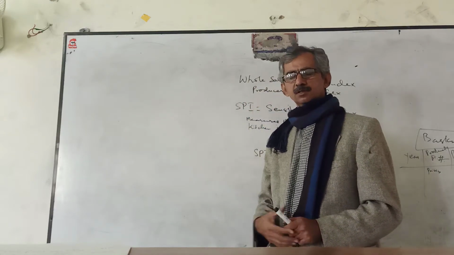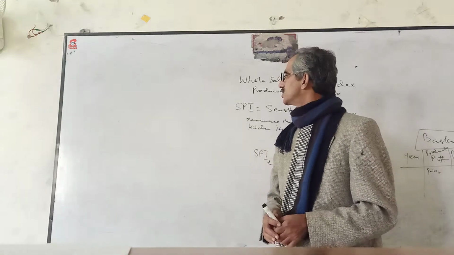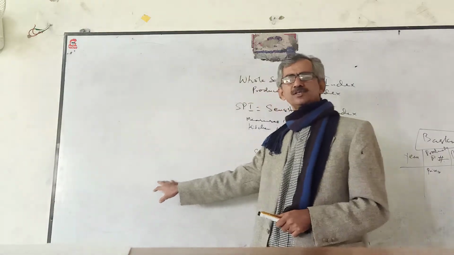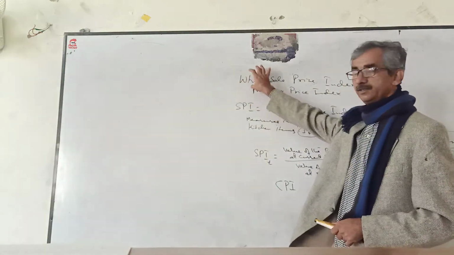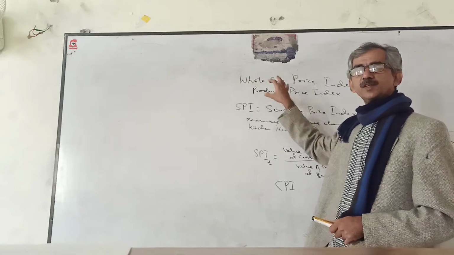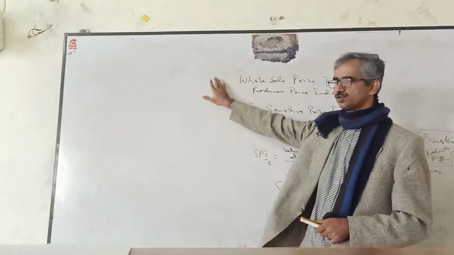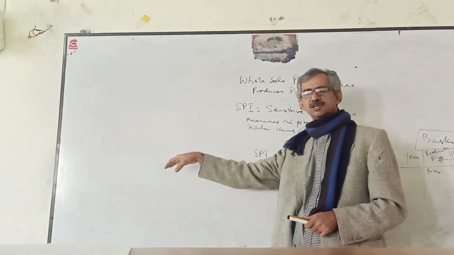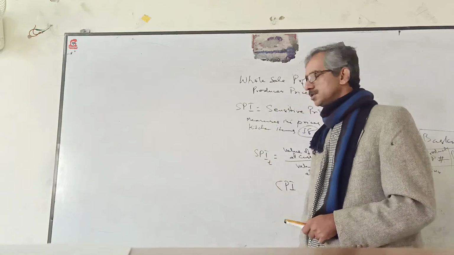As we have discussed in the previous lectures about the CPI, or the Consumer Price Index, here we are discussing the other price indexes, and the most famous known is the wholesale price index. The wholesale price index measures the price changes of wholesale items. The people collect the data from the wholesalers about the price changes.